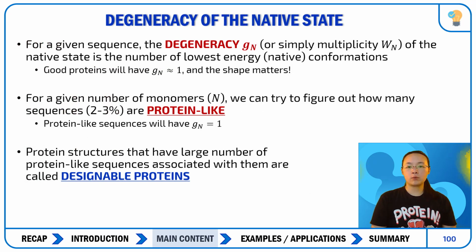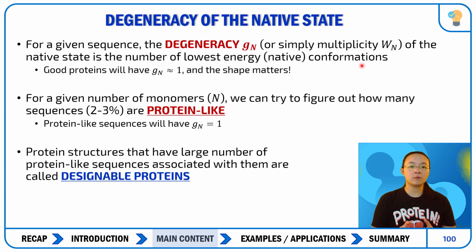For any given sequence, we now define the degeneracy Gn or multiplicity Wn of the native state as the number of lowest energy or native conformations. A good protein will only have one native state because it means that their shape matters. So for a given number of monomers, n, we can try to figure out how many sequences are protein-like, which is usually 2 to 3%.